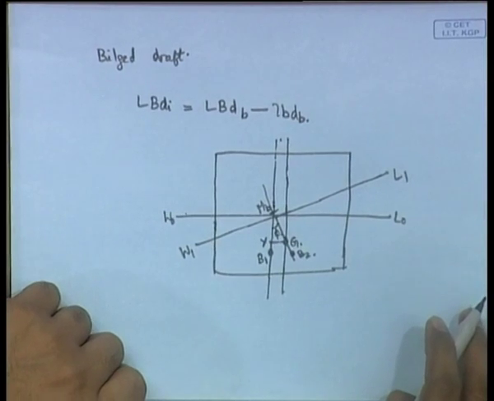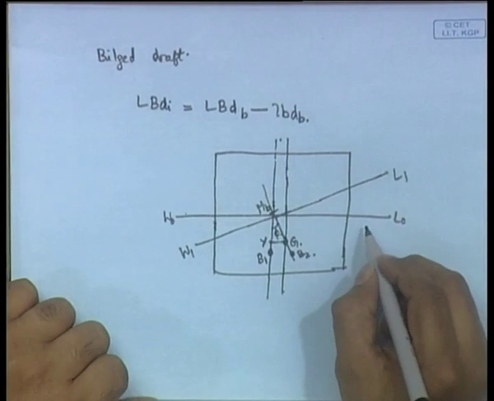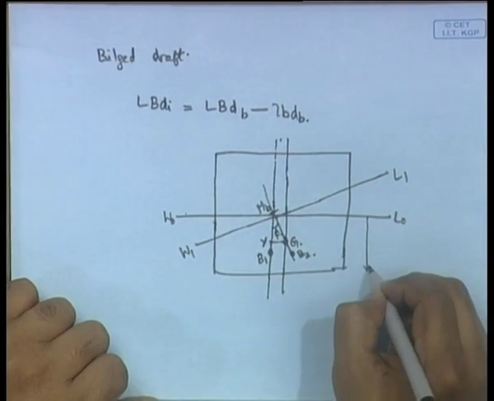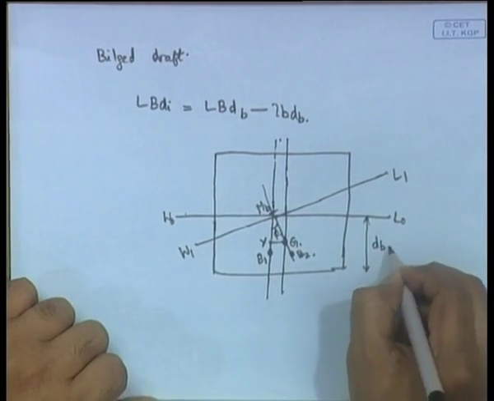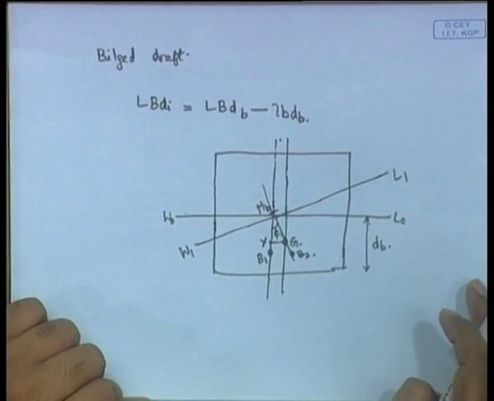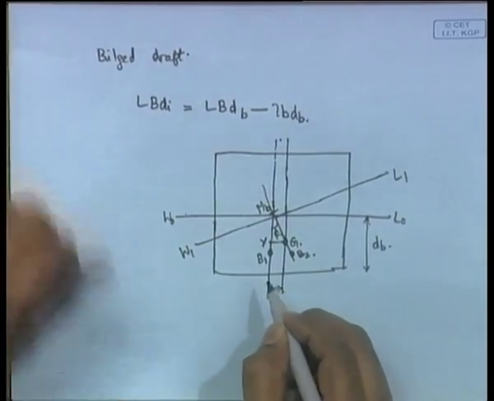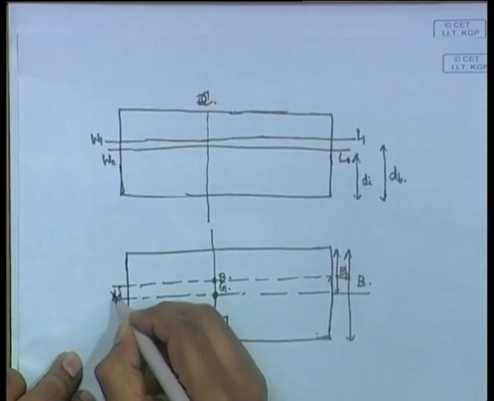Now, this is dB, that means it is the draft after the ship has bilged. Then this distance, oh sorry, this is not y, in this book it is written as x.